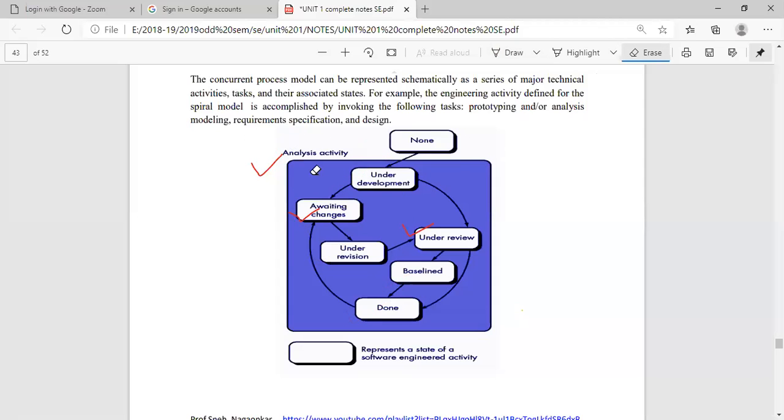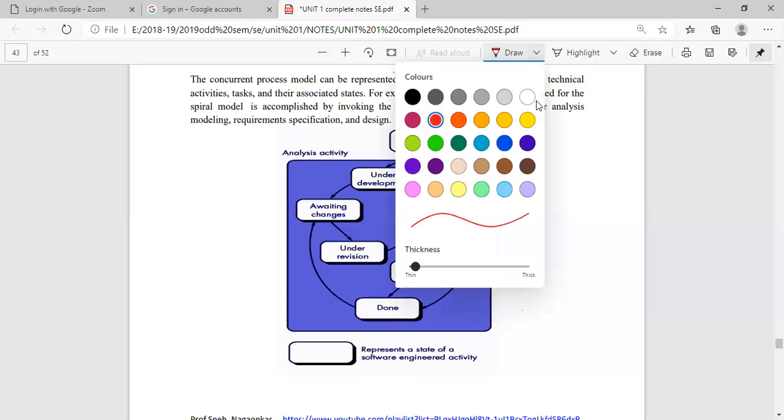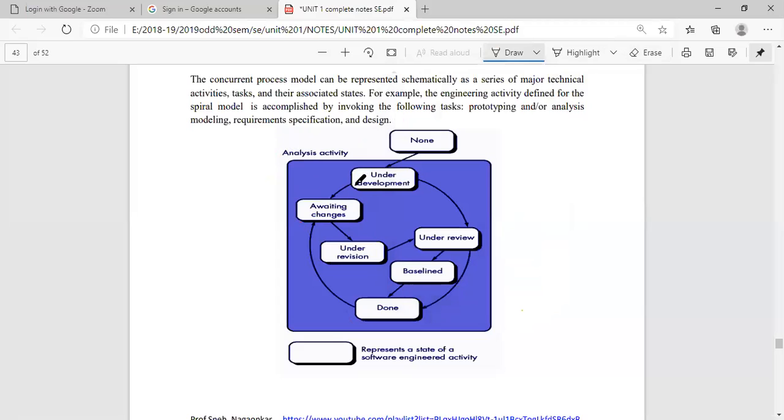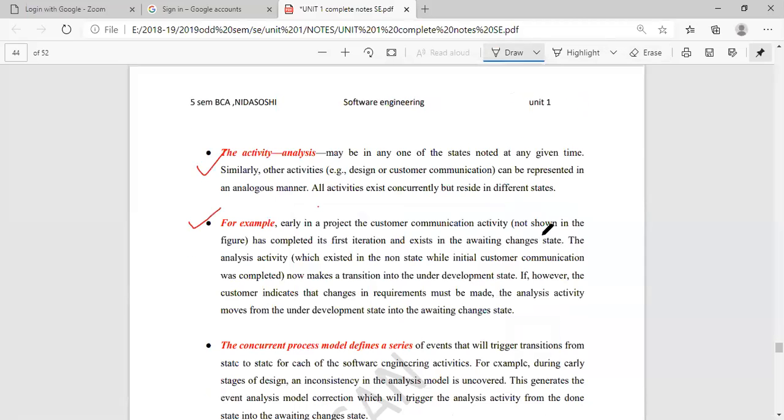Suppose the customer has given us the requirements. It has passed this state. Then, the activity which existed in the none state while initial customer communication was completed now makes a transition to the under development state.